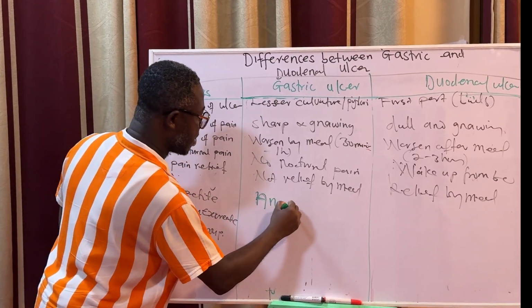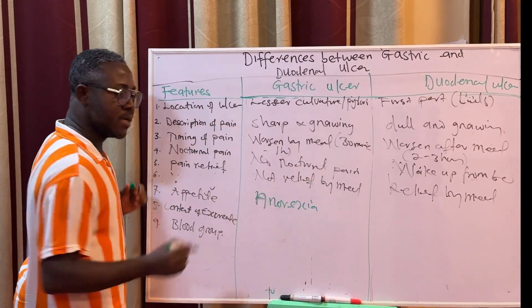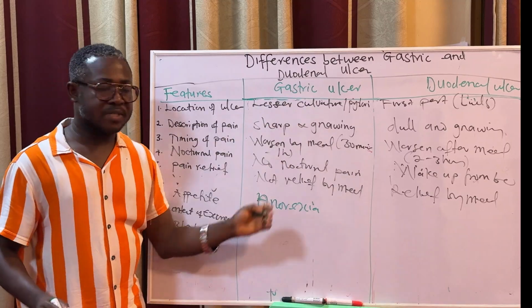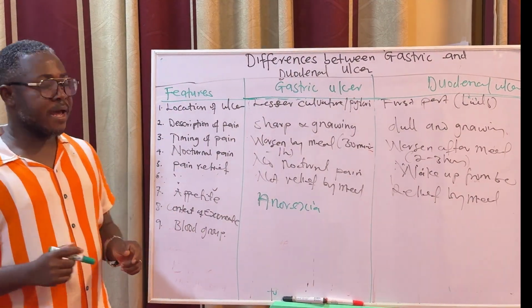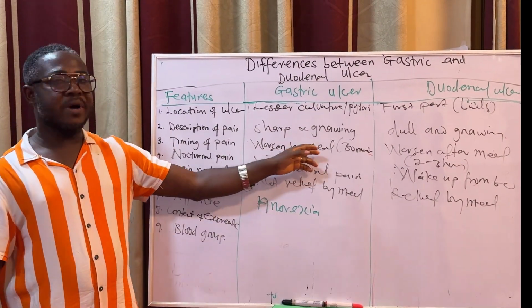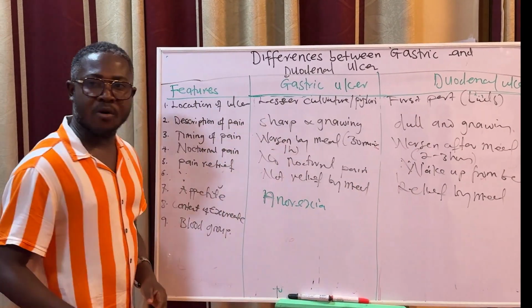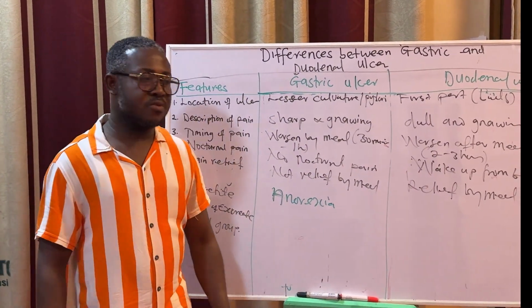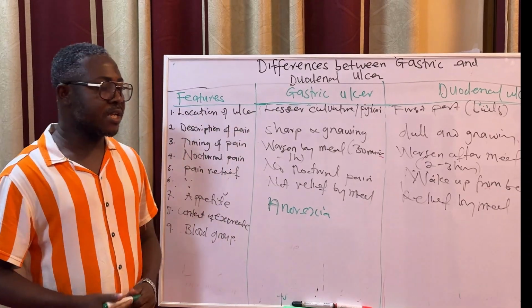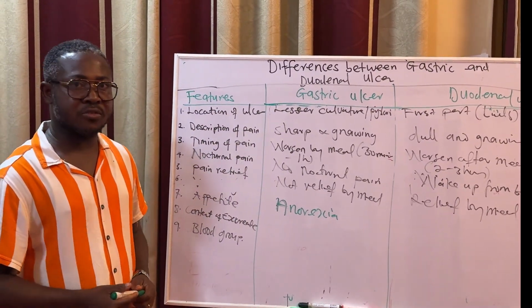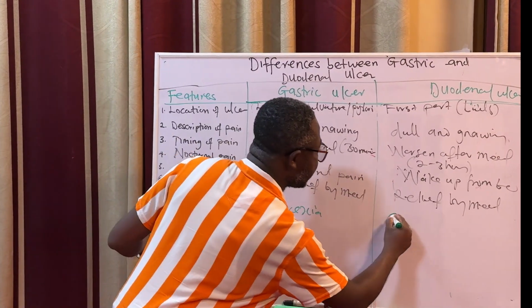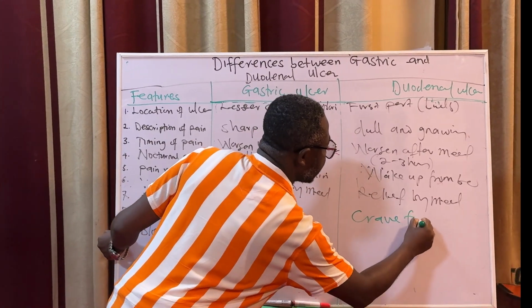There's always anorexia in patients with gastric ulcer, because we said that their pain is always worsened by meal or when they are eating. And then with the duodenal ulcer, because their pain is usually relieved by meal, they will always have the appetite to eat. So they always crave for food.